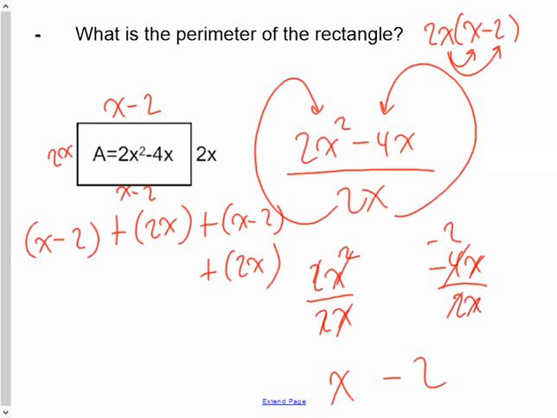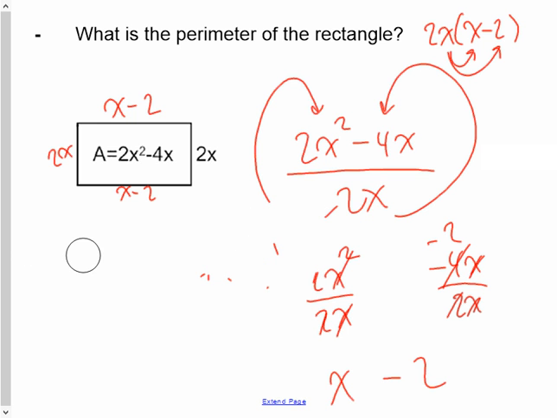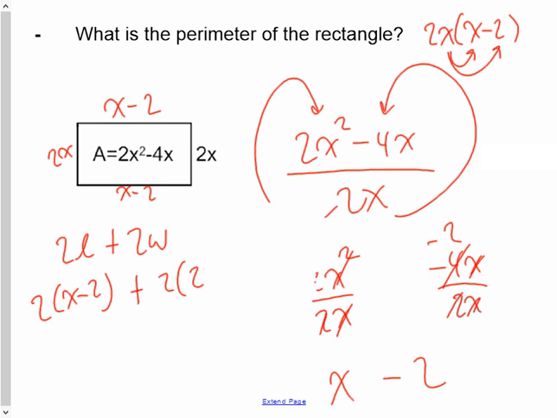Or a better way to think of it, and a better use of a formula that would incorporate a little bit more algebra, is 2 lengths plus 2 widths equals the perimeter. So 2 lengths is going to be 2x minus 4, and I can get this if I add this twice, and 2 times 2x will be 4x.